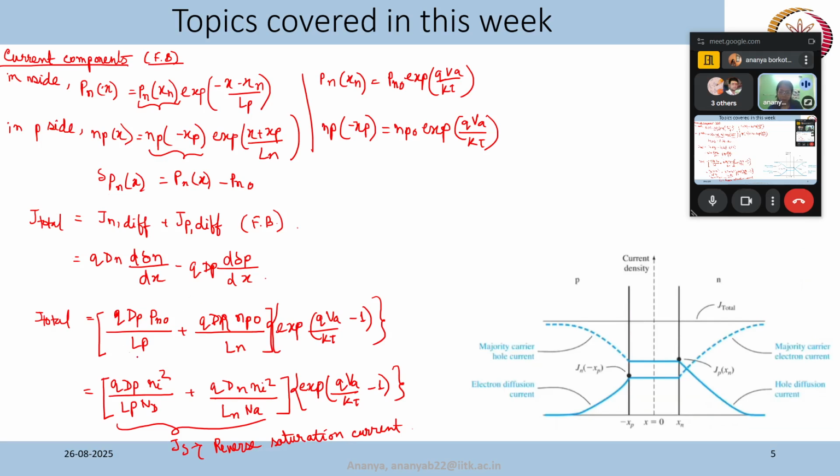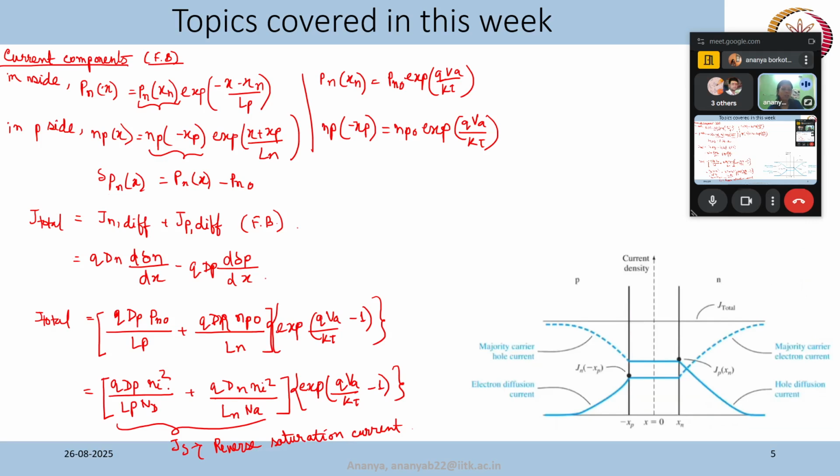So this part is our current due to the holes, right? If we want our hole current component to be higher, for example, if you look at this figure, you can see that hole current component is higher compared to the electron current component. What it indicates is that hole current is higher, that means the doping density in n side is lower.